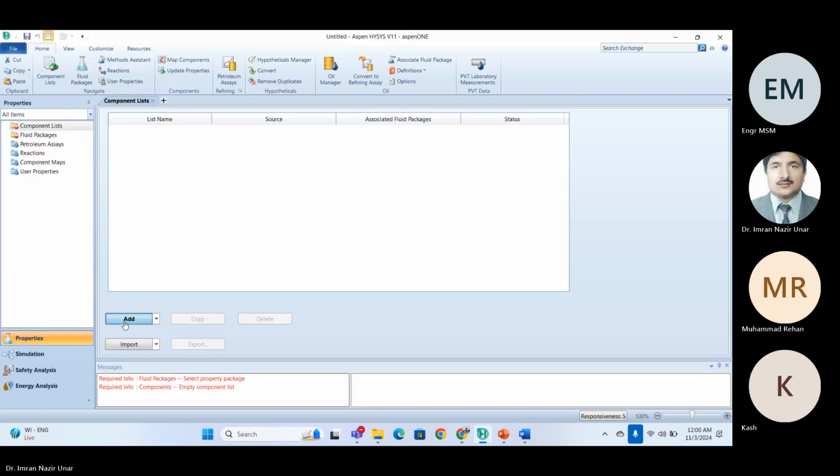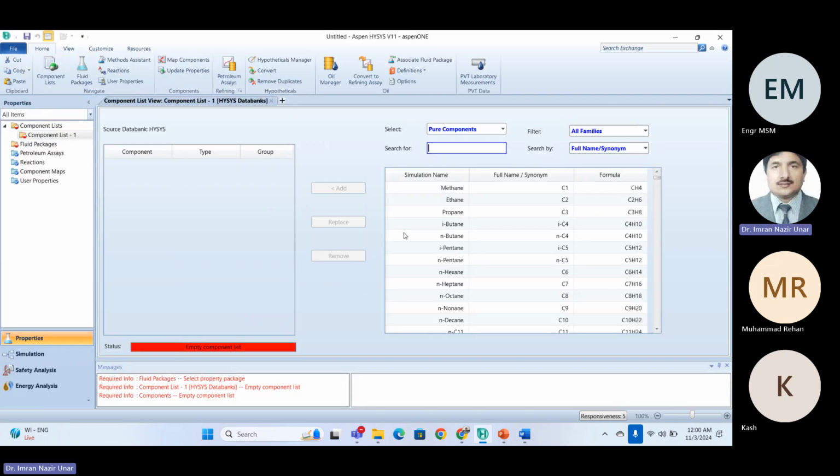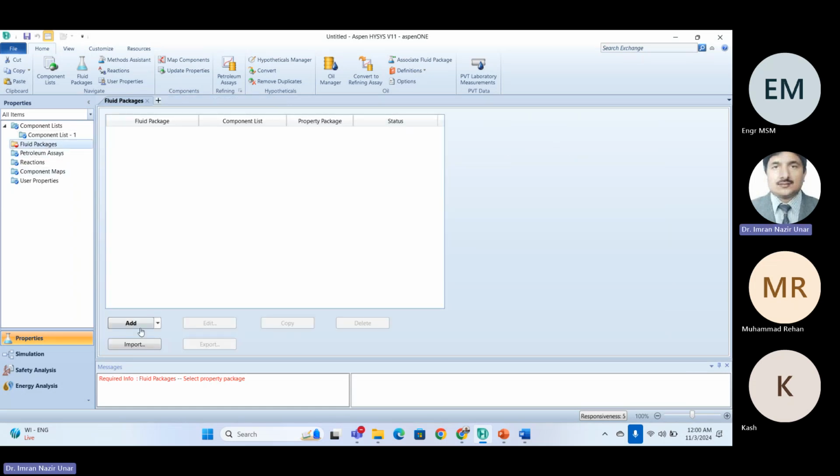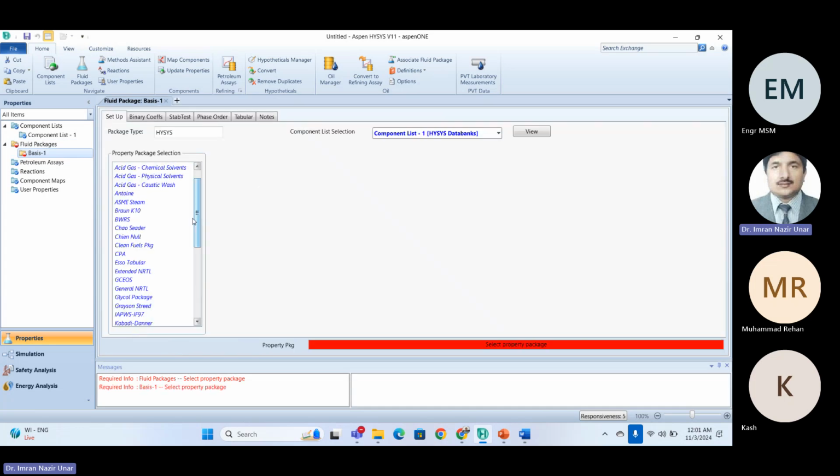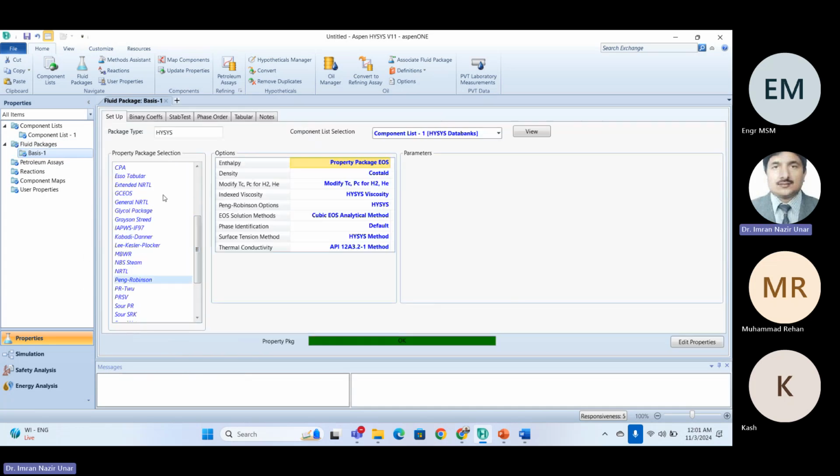Methane is our first component, then methane, oxygen, CO2, and water. Okay. And for the sake of simplicity, we take our usual fluid package, which is Peng Robinson.